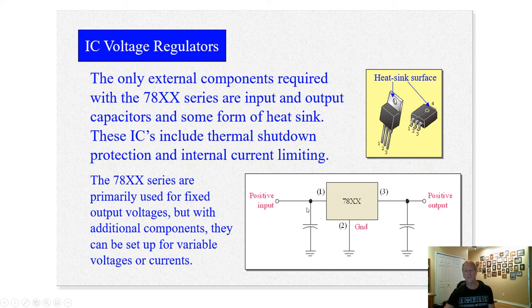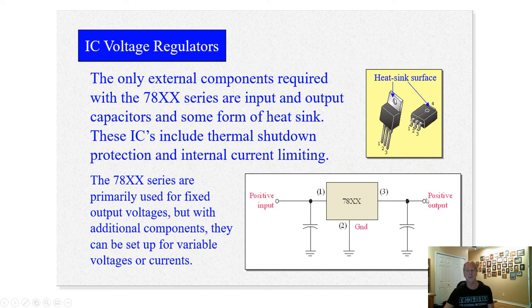Here's a schematic of one, so you have a positive input, positive output, ground, a couple of capacitors, a capacitor on the input, a capacitor on the output. These are usually electrolytic capacitors, maybe 10 microfarad, 100 microfarad, something like that. These capacitors improve the load regulation and line regulation, particularly when it comes to transients.